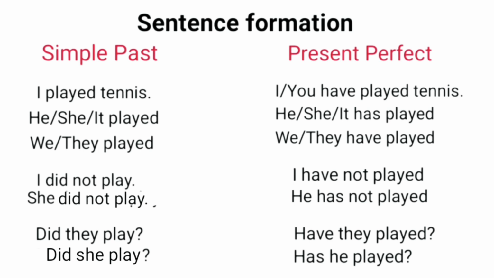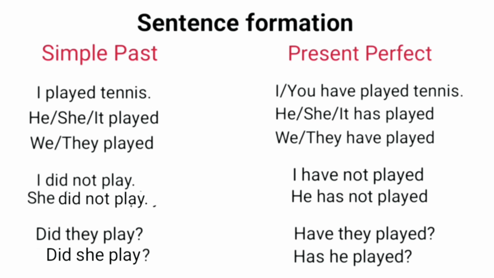In present perfect tense, positive sentences, I or you have played tennis, he, she, it has played. Here we can see the use of have with I, you, we, and they. Whereas with he, she, it, has is used with third form of the verb.